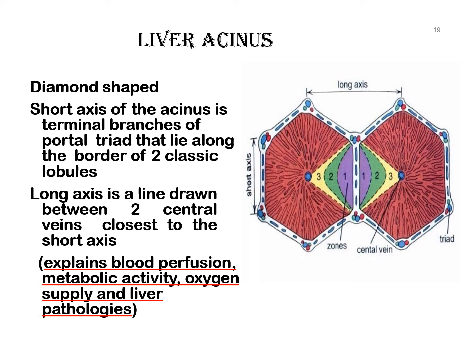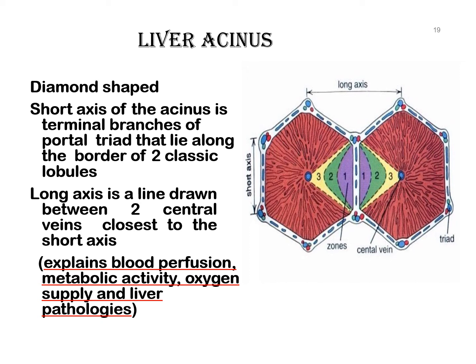The long axis is an imaginary line drawn between the two adjacent central veins closest to the short axis. The liver acinus explains blood perfusion, metabolic activity, oxygen supply, and liver pathologies.